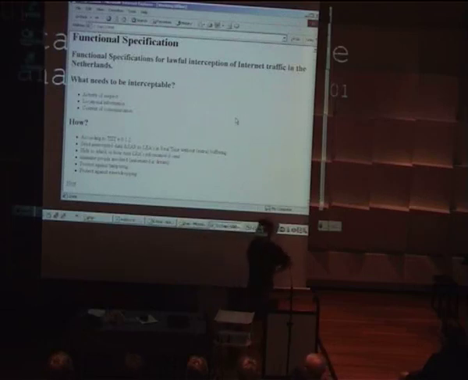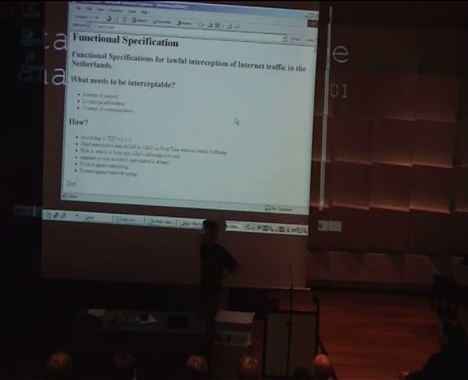Some of the goals of the interception are to send the data as soon as possible to the local agencies and minimize the people that are involved. In principle, only the security officers are supposed to know that there's stuff going on at the ISP. Apparently we have security officers here as well. I'm not sure if I'm one of them, but second, the information needs to be hidden.